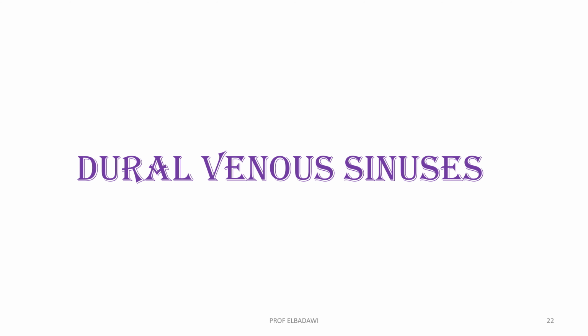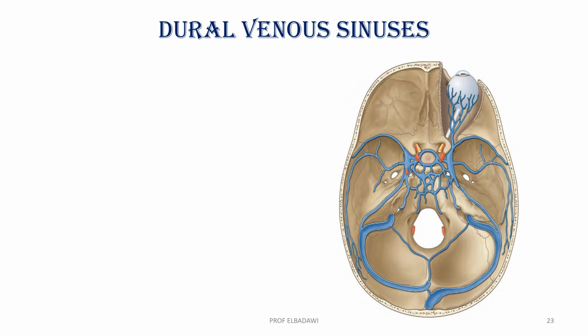Now the dural venous sinuses, what would we like to know about them? First, they are divided into paired and single.